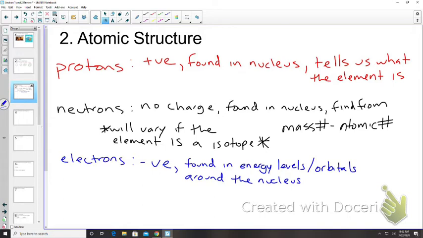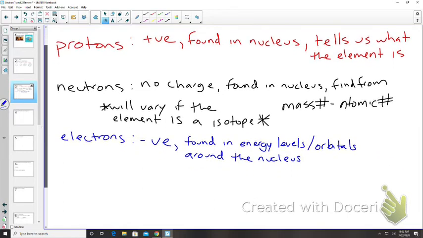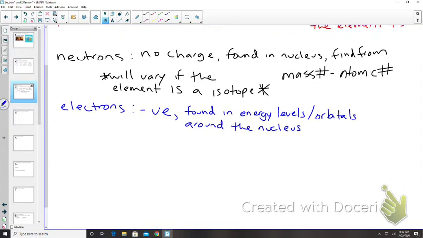What else do we know about electrons? They're pretty important. Remember the valence electrons?